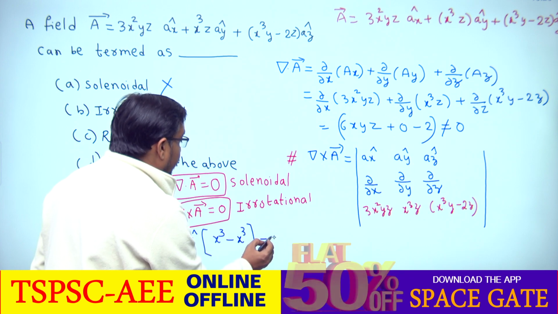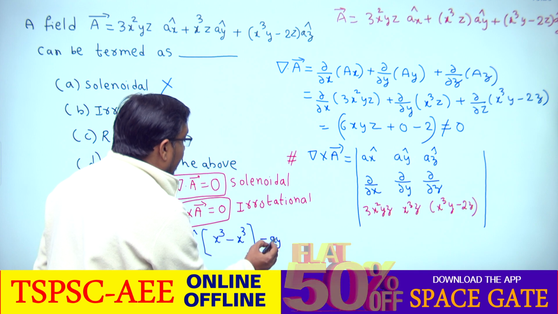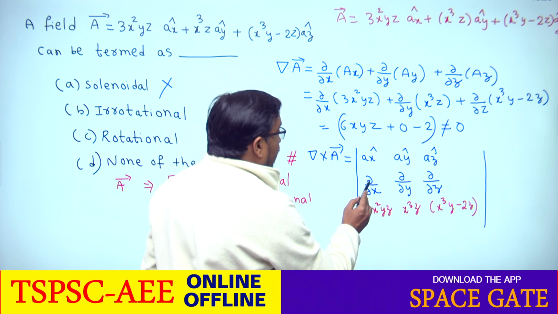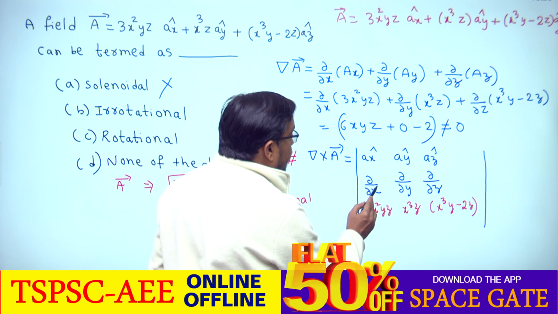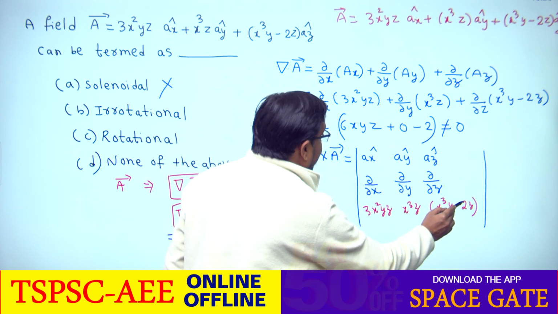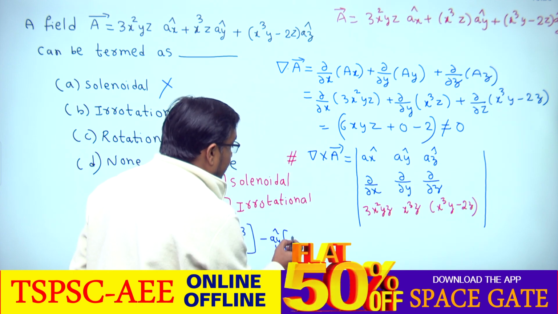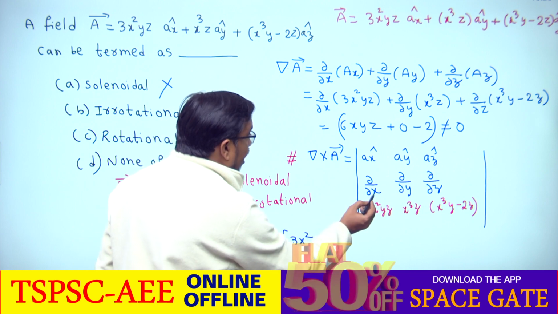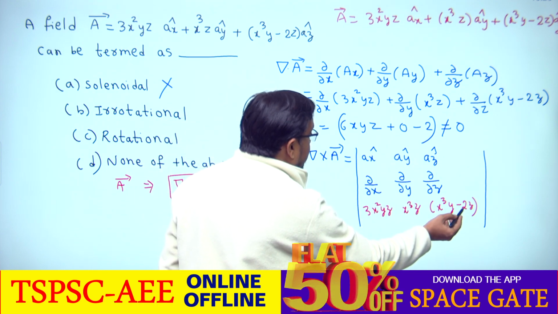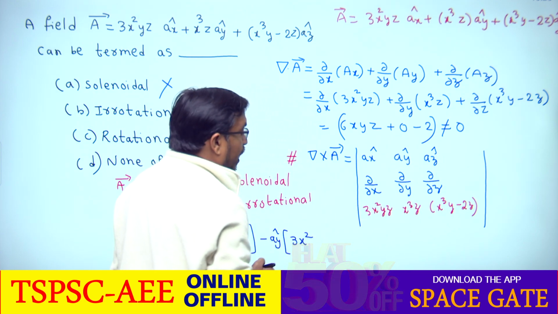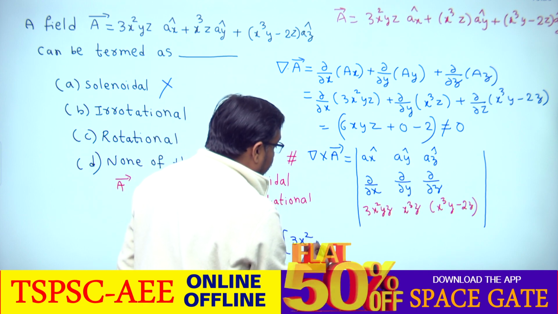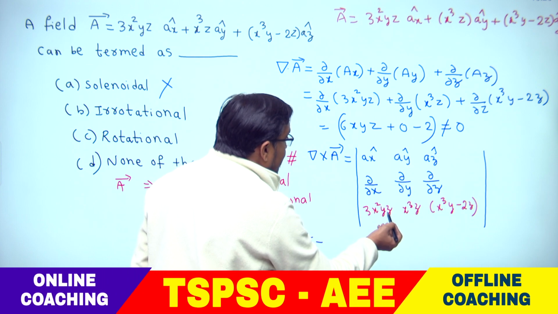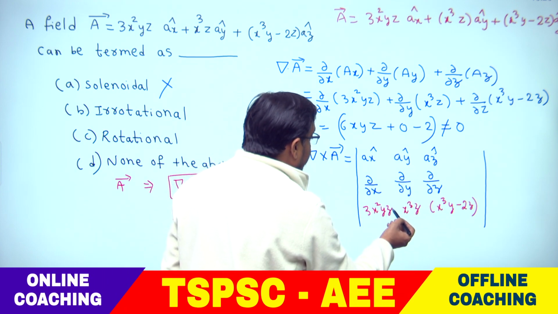Next, the second term, minus y cap times ∂/∂x of x³y − 2z. That is 3x², minus ∂/∂z of 3x²yz, differentiating with respect to z.